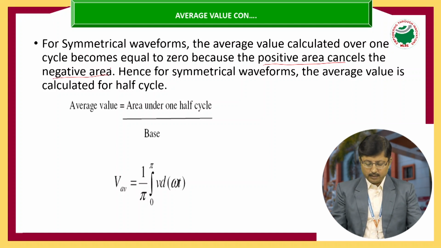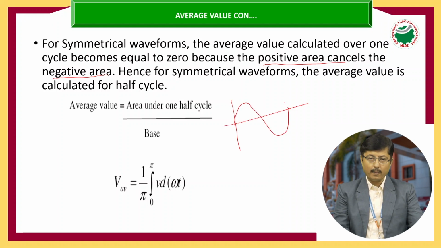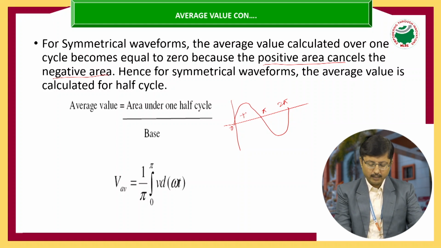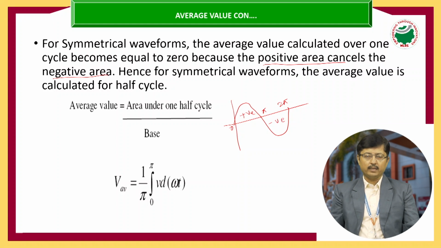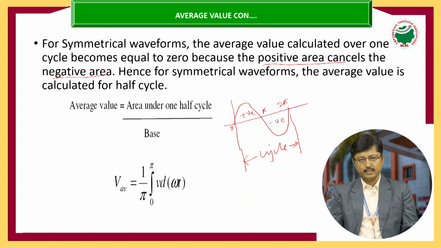You can see here the complete cycle from 0 to 2 pi. From 0 to pi it occupies the positive area, and from pi to 2 pi it occupies the negative area. So the average of this complete cycle will be 0 for symmetrical waveforms.